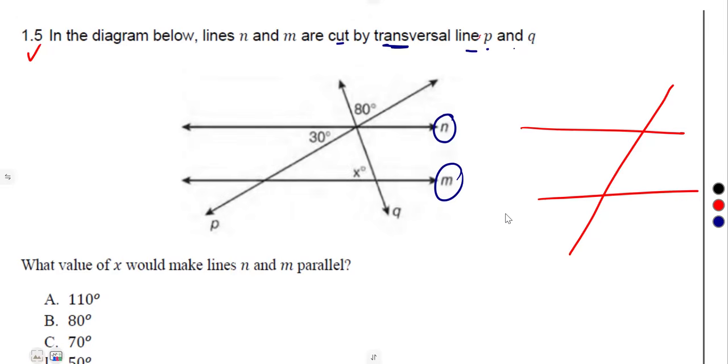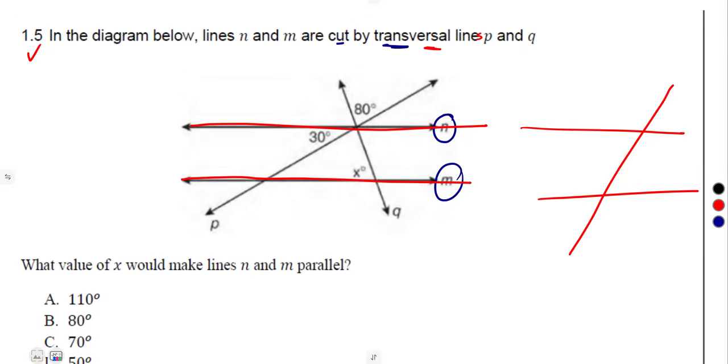So in actual sense, being told that line P and line Q are transversal lines simply tells us that line N and line M are parallel. We can only have a transversal line from two lines which are parallel. All right.